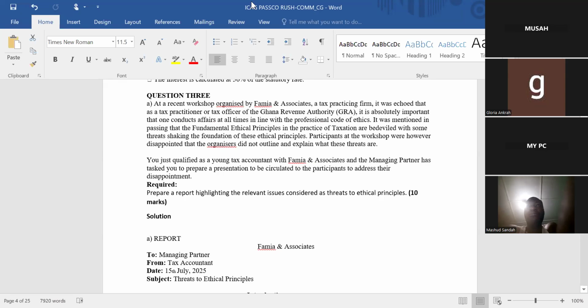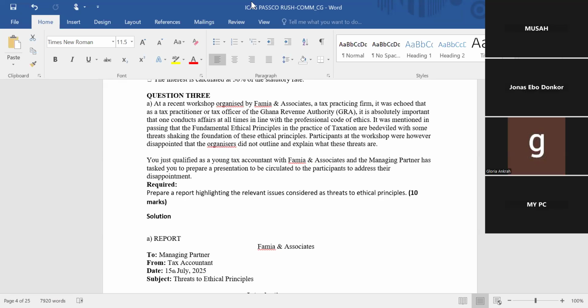If you check the ICAG logo, what do you see there? Integrity. Come again. Integrity, yes, integrity is one. What again? Confidentiality. Confidentiality is two. There are five. Professional behavior.